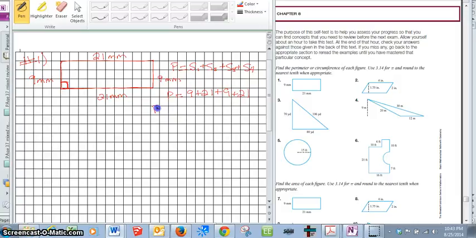Make sure you check your work. I prefer to see 21 plus 21 plus 9 plus 9. I'm a little lazy about getting a calculator out, so I want the mental math to be as simple as possible. Perimeter equals 42 plus 18. Perimeter equals 60 millimeters.